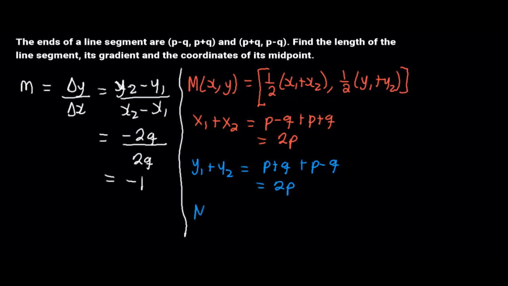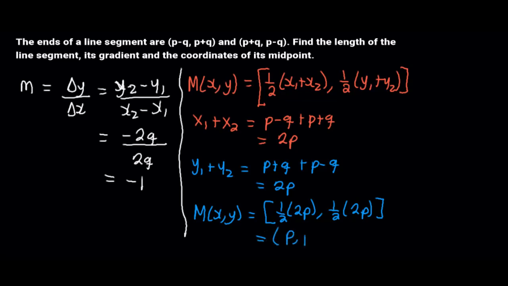So the midpoint of the line segment is given by half of 2P and then half of another 2P. And we'll end up getting P and P. Therefore, the coordinate of the midpoint of this line segment is P and P.